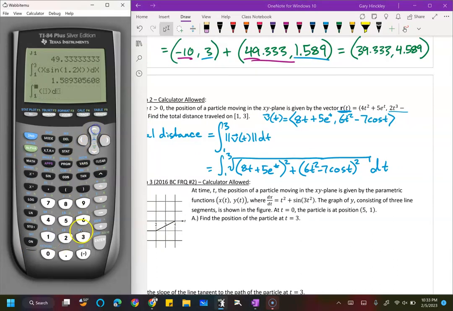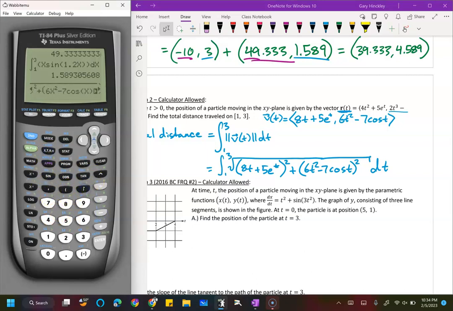So 1, 2, 3, and then that's going to be the square root, and we'll have 8t plus 5t e to the t, and then, as I forgot, need to square that, plus 6t squared minus 7 cosine of t.